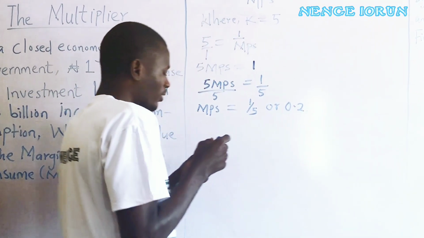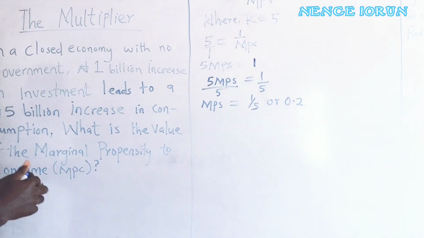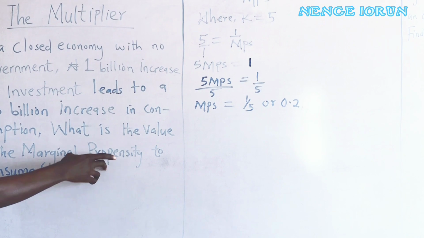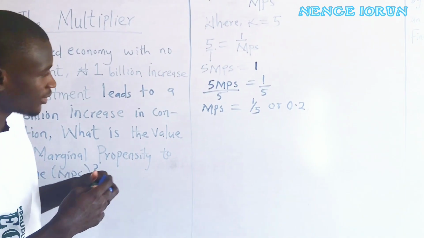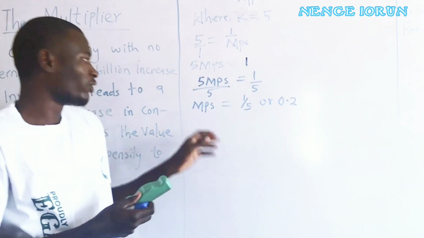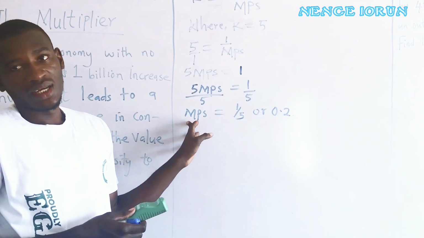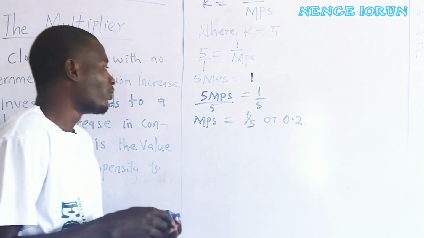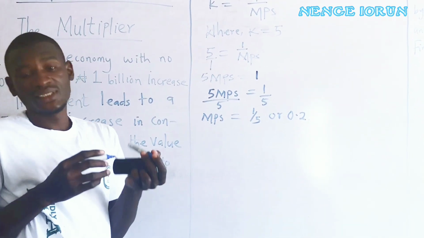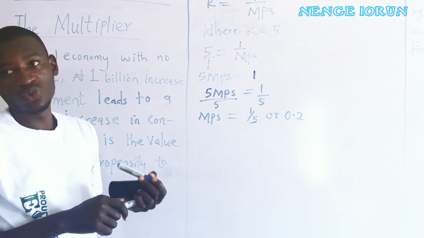Now, the question is, what is the value of the marginal propensity to consume? That is MPC. But what we have succeeded in getting is the value for MPS. There is a relationship between MPS and MPC, which is that the sum of MPC and MPS is equal to 1.